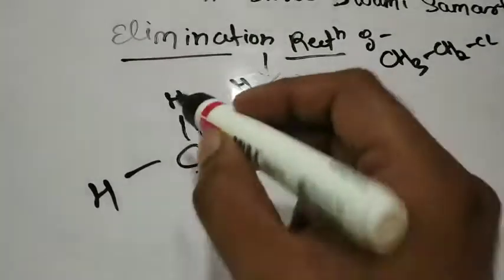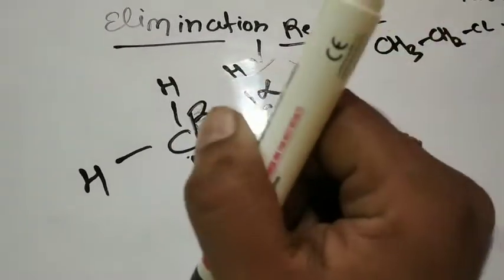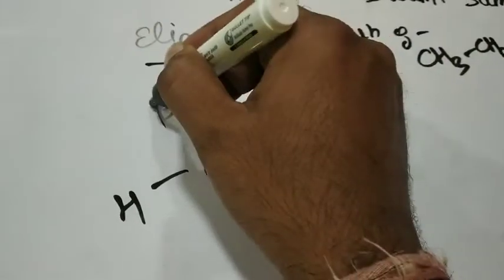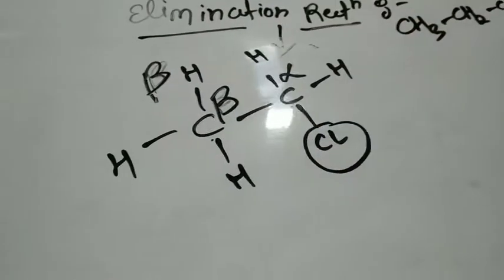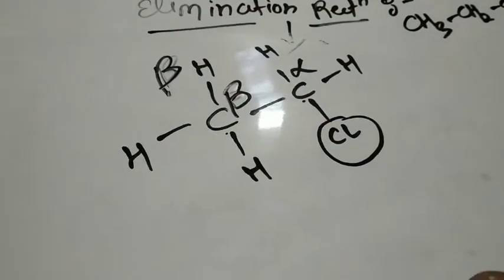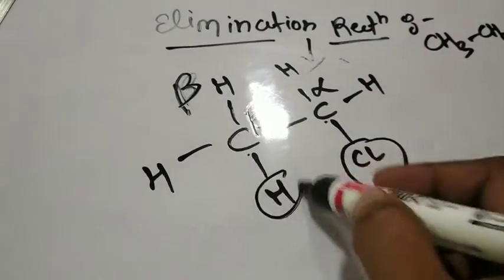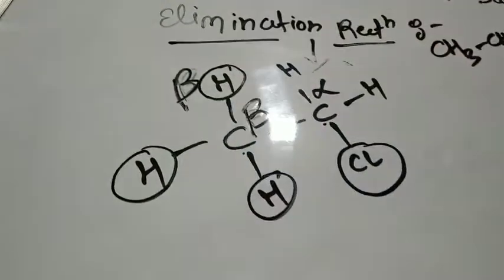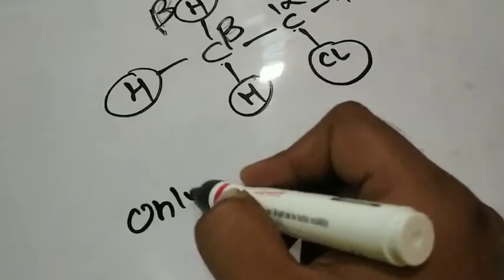Then the hydrogen atom which is attached to the beta carbon is called the beta hydrogen, right? So here, my dear students, one more thing you need to remember, beta hydrogen can be anything. It can be this hydrogen, it can be this hydrogen, or it can be this hydrogen, but only one hydrogen.